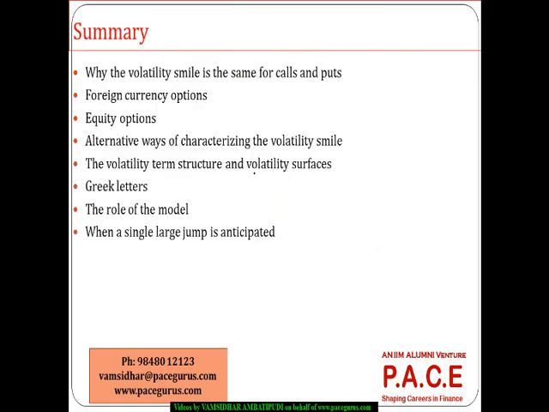So this is what we wanted to look at as part of this session. Why the volatility smile is the same for calls as well as puts. We spent some time understanding foreign currency options, equity options, and different alternative ways of characterizing the volatility smile, not just with the strike price but the ratio of strike price to stock price. We also talked about why not use a forward price instead of the stock price, or why not use the delta.